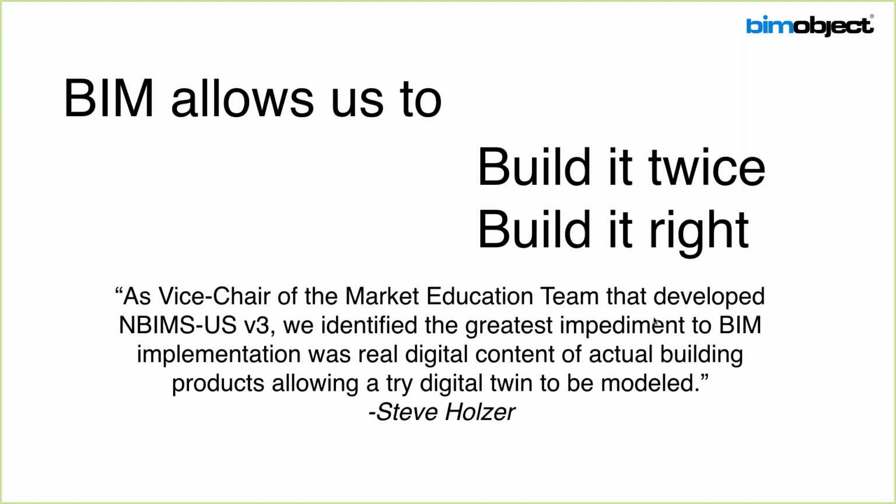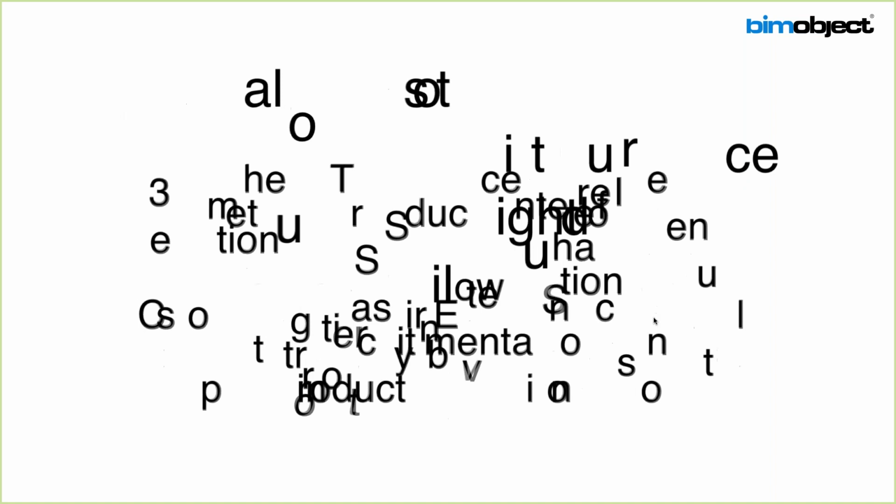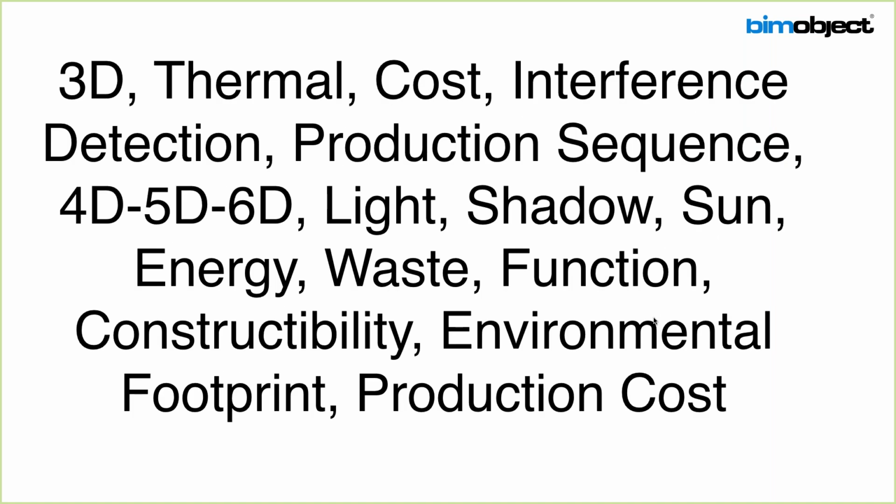So we have to be able to create that digital twin up front. It has to be able to be modeled. We have guys creating these digital twins, and they're doing energy utilization analysis. They're doing sun studies. They're doing water and waste flows.